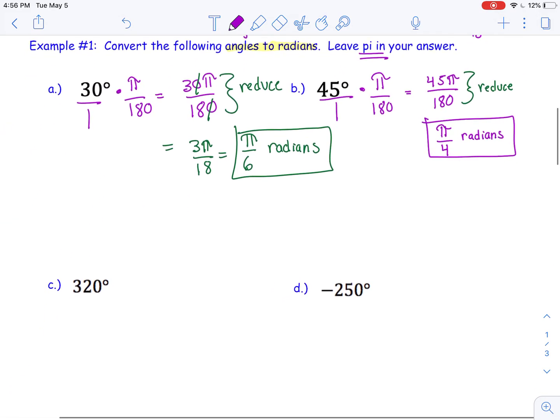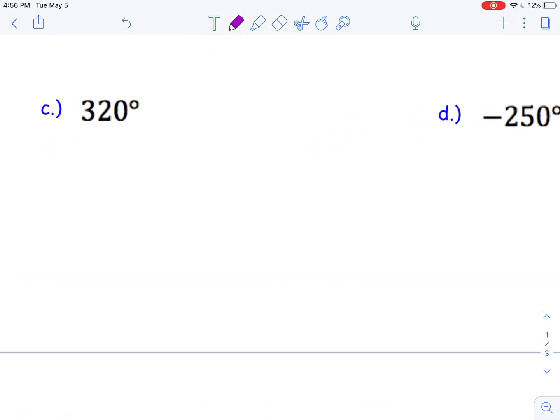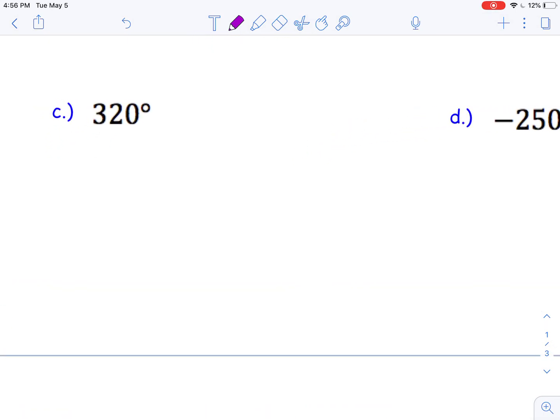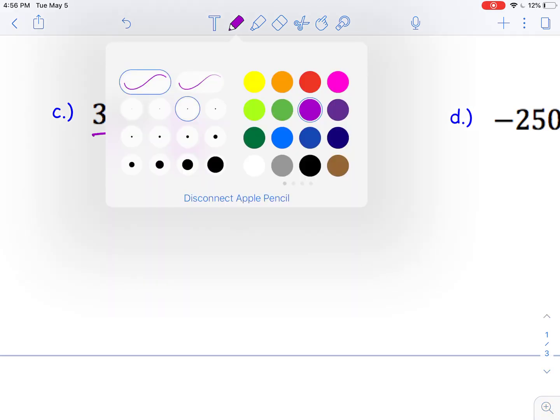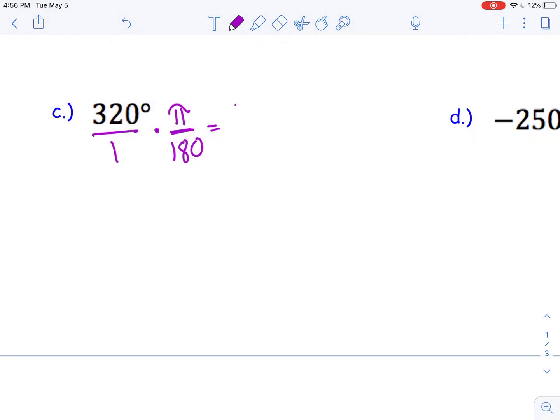Couple more. Here you notice that we can have angles greater than 180 degrees, so that's new for you. Like I said, we're thinking of these as rotations, so we're going to multiply this. We're going from degrees to radians, so I'm going to multiply it by pi over 180. Leave that pi in my answer. So I get 320 pi divided by 180.